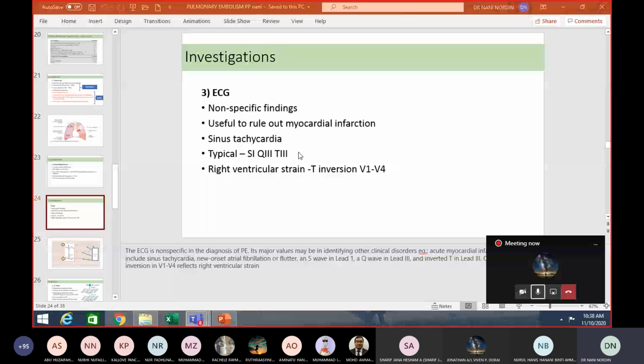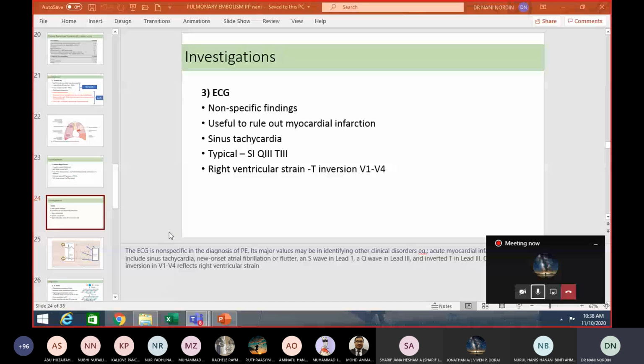What is S1? That means you have deep S wave in your lead 1. You have deep Q wave in lead 3, and you have T inversion in lead 3. Okay, so that is one. We have a look at this later.